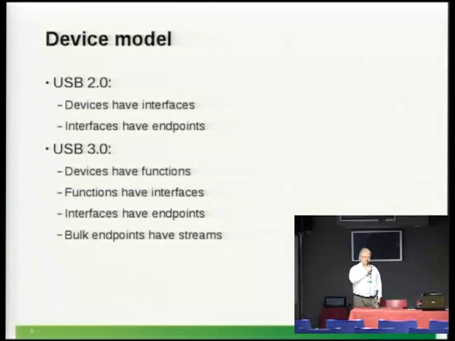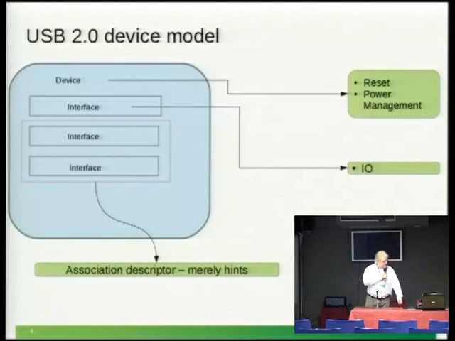A major change in the architecture has happened. It has become more complex. A USB 2.0 device was, in principle, quite simple. The device itself had interfaces, and the interfaces have endpoints. The endpoints are not shown in this graphic. It would have been too cluttered.